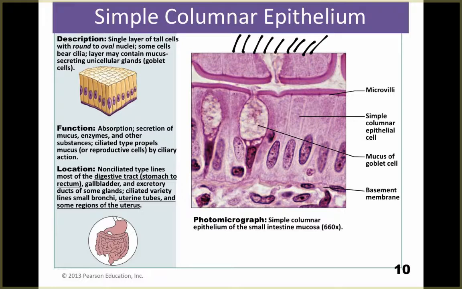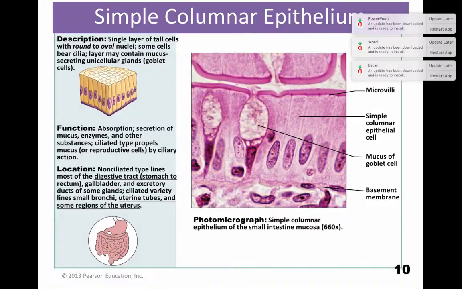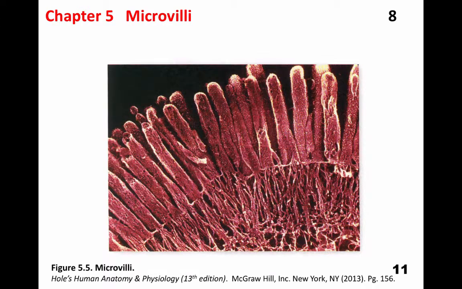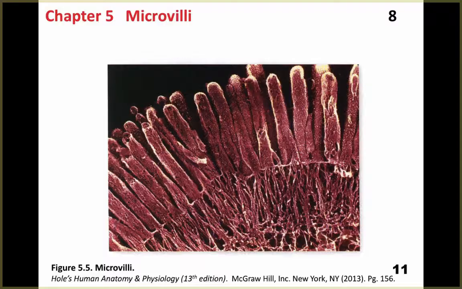But let's go to the next slide here again, and essentially on here are these microvilli. And these are finger-like little projections here, you can see. So they are different than the cilia. And these microvilli are important because they help to increase surface area.